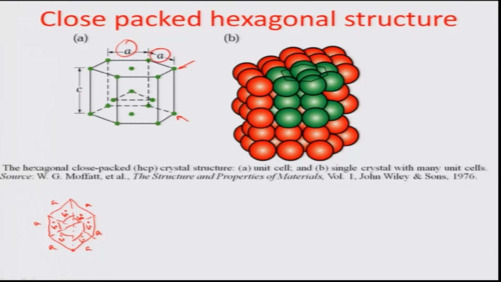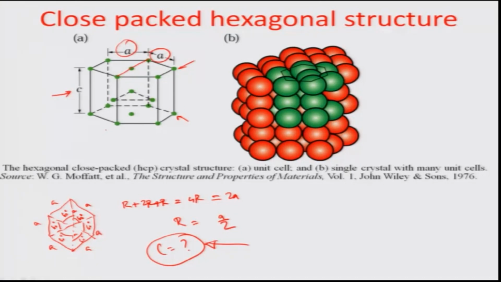And so the total distance between this atom and this atom is r plus 2r plus r, that is 4r, and because it is an equilateral triangle, all sides are equal, so this is equal to 2a. So r becomes equal to a by 2, and similarly I would like you to find out the c value, which is between these different planes of atoms.